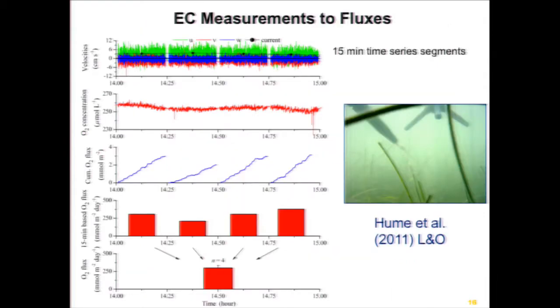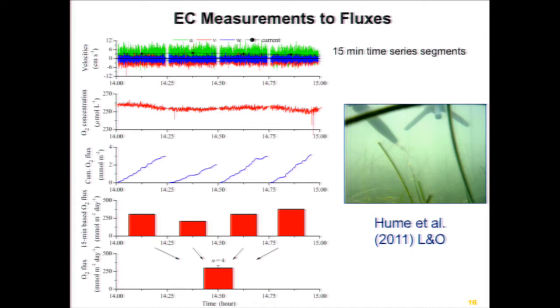And as you'll see in the next talk, this can be used also to measure benthic primary production in areas where the seabed is an oxygen source, not a sink. This is an example from a seagrass bed, a paper by Hume et al. And again, with time series data, we tend to break it into 15-minute segments.